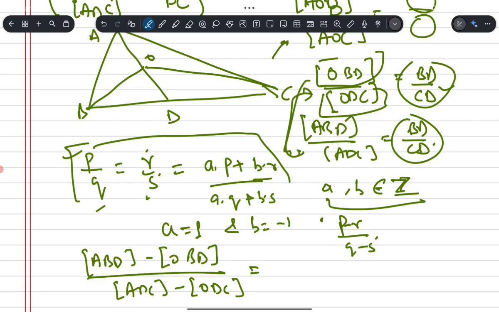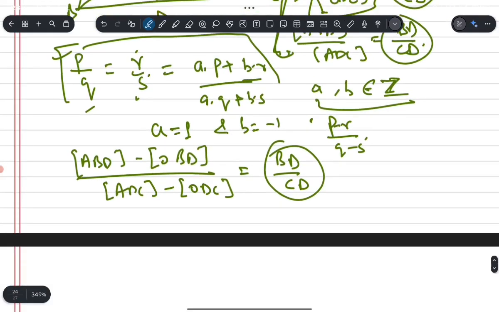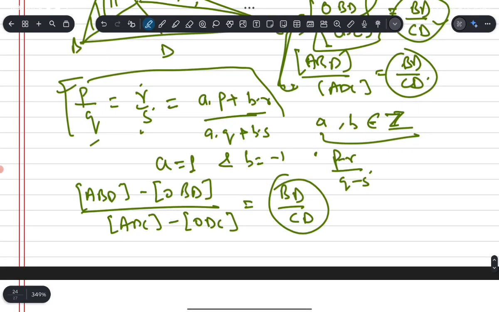And what is it? If you observe, ABD minus this will be left with this area. Similarly, this minus this will be left with this area. And that is the ratio we were intending to find. And that is also BD by CD. So we got a couple of things from here.